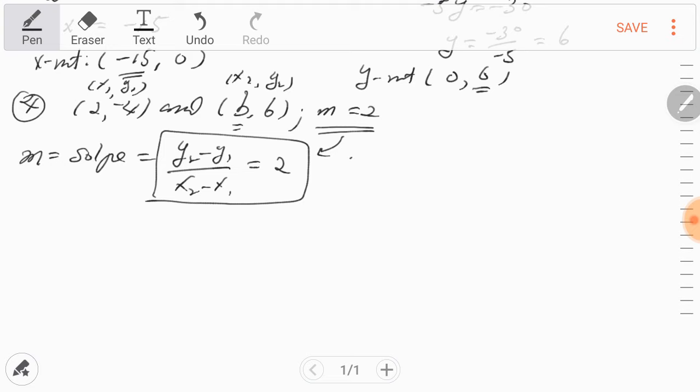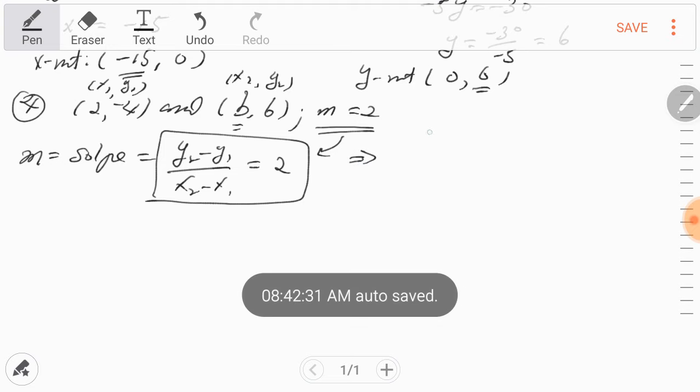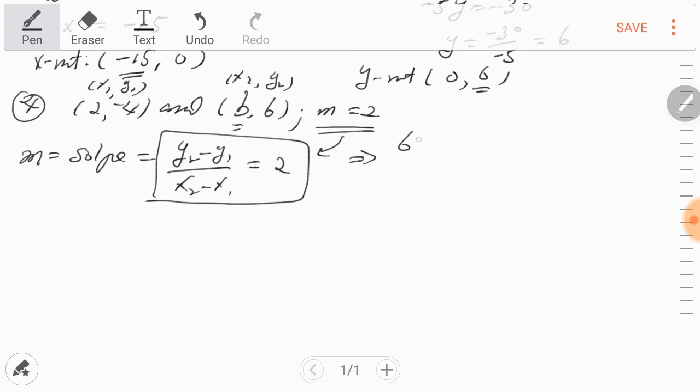So the equation will be y2 minus y1, so 6 minus negative 4, over x2 minus x1. x2 is b, minus x1. So this has to be equal to 2. Then this is equal to 6 plus 4 over b minus 2 is equal to 2.